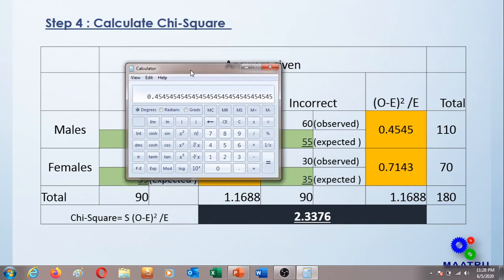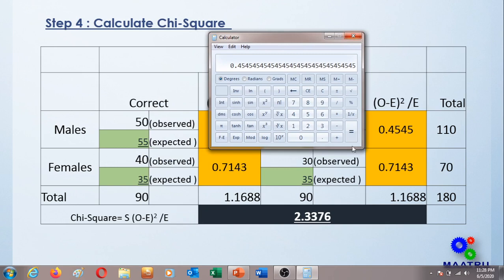Next cell, 60 minus 55 equals 5. Square of 5 is 25 divided by expected 55. Same value. Moving on to the next. Expected value is 35 over here and observed value is 40.